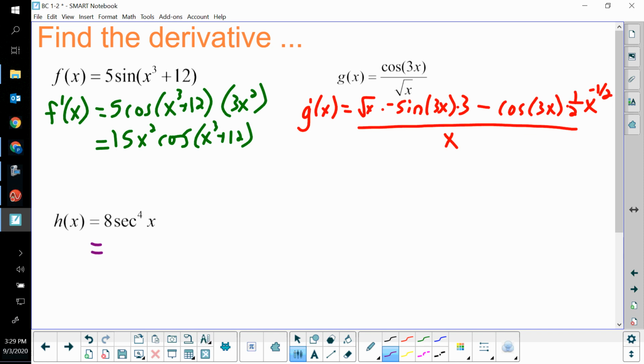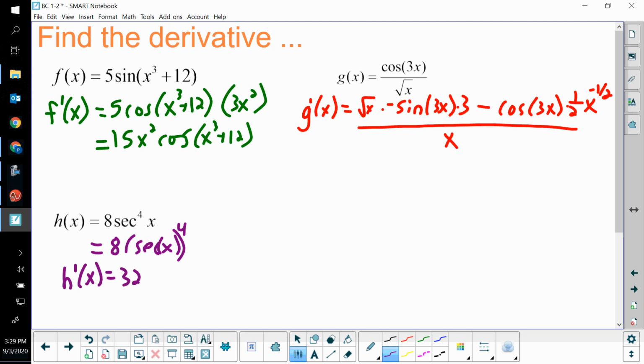When you have trig functions raised to a power, it's helpful to think of it as that trig function all raised to the power. So we have 8 times secant x all to the 4th. So h prime of x, we could bring the 4 out front.